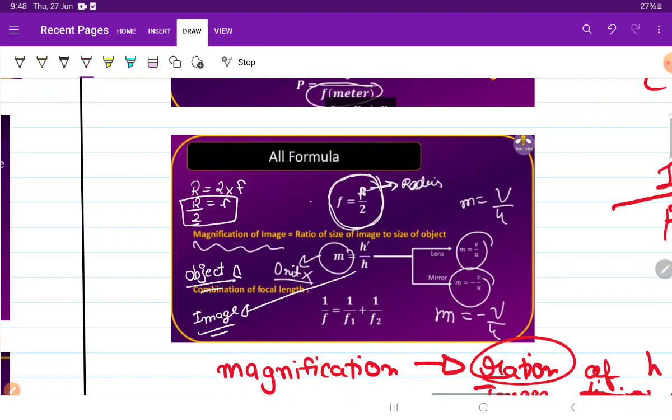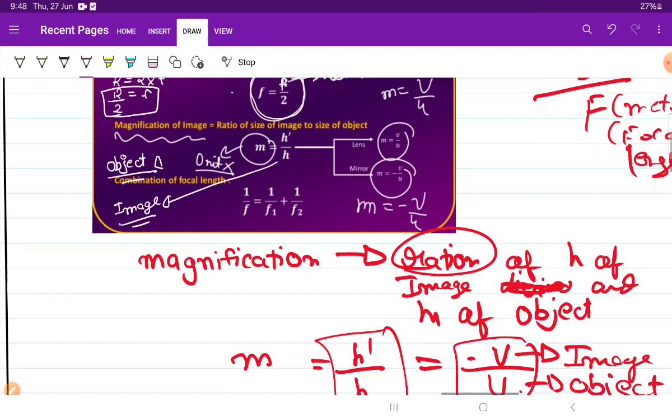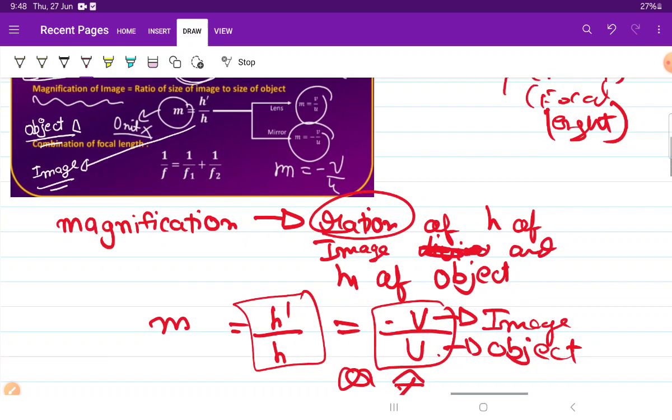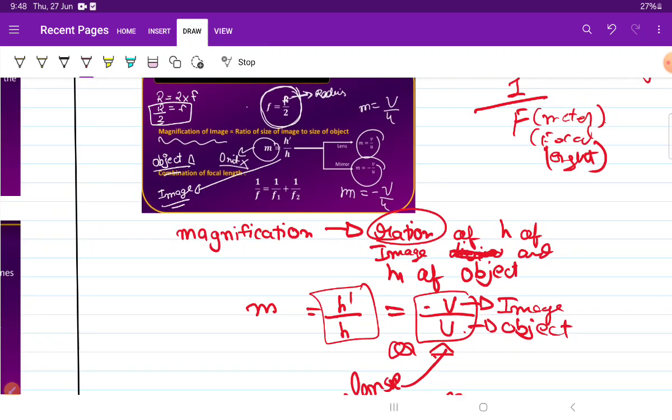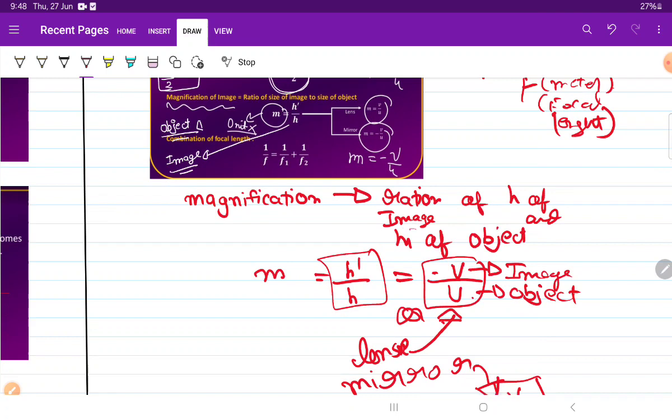Now the main topic, that is magnification. What is magnification? And this is the important topic, students, that it is asked in the previous board paper also. The ratio of the height of image and the height of object.